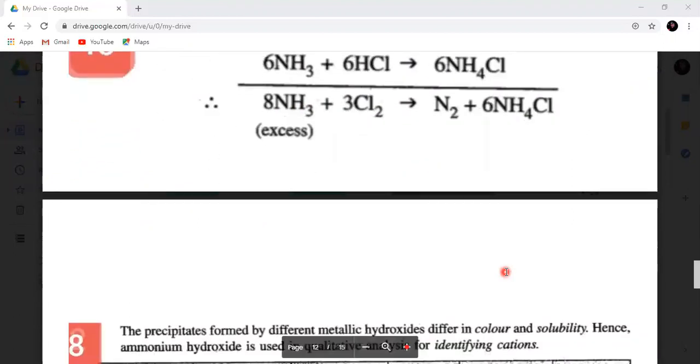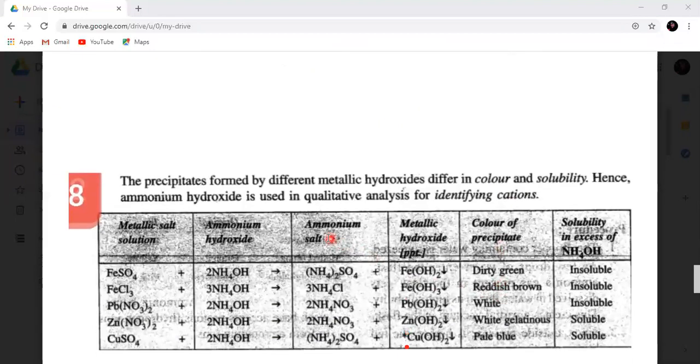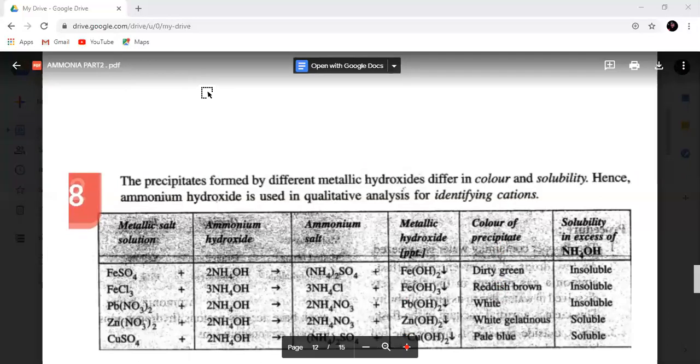Next is the reaction of the aqueous solution of ammonia with soluble metal salts. When we are studying that, these salts, students, are very, very important. Here the metallic salt solutions are treated with the alkali, ammonium hydroxide, a weak alkali.